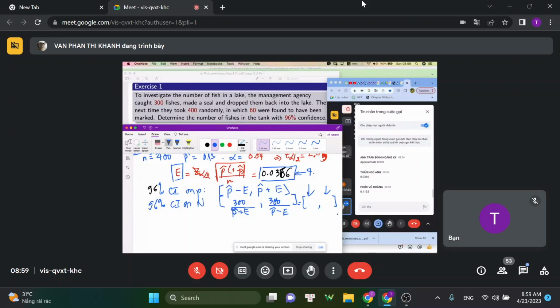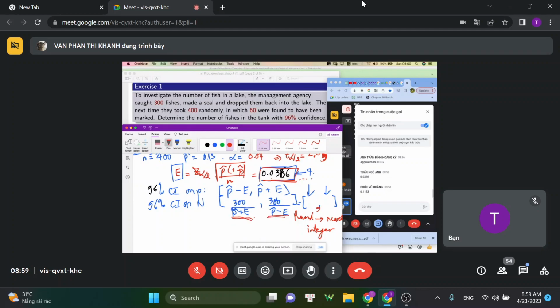Just round to the nearest integer. Or if you don't want to round it, let it be, it's okay. But here, don't round E, because you only round at the end, in the final step.